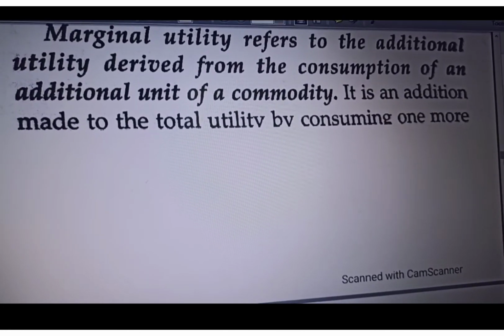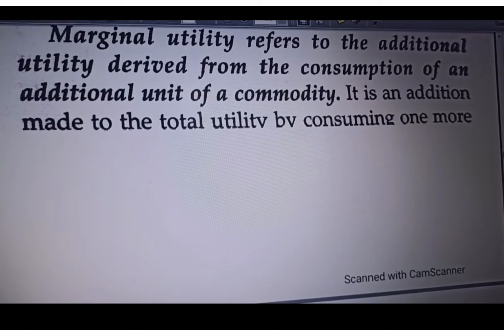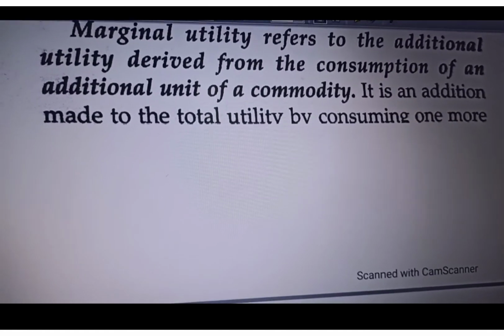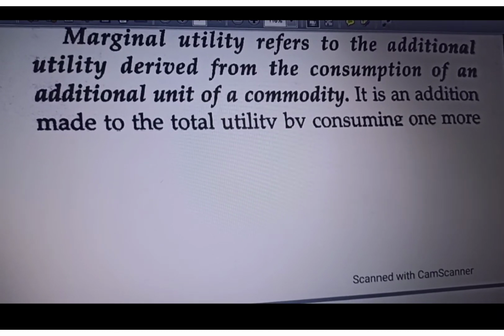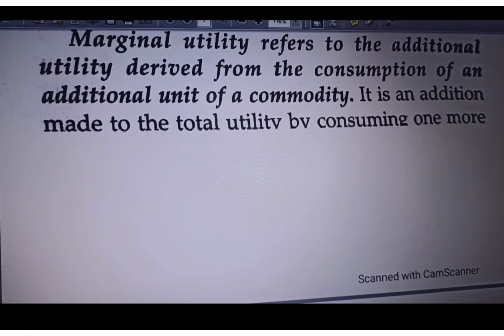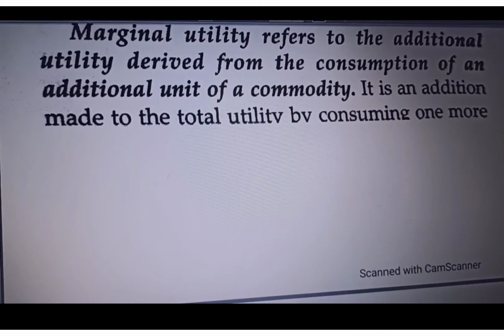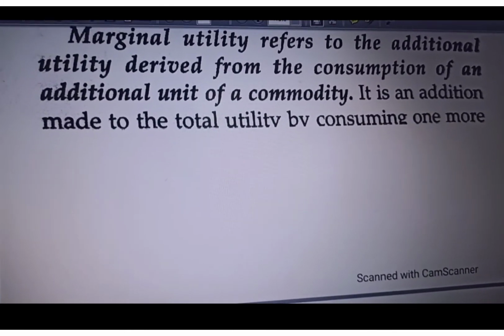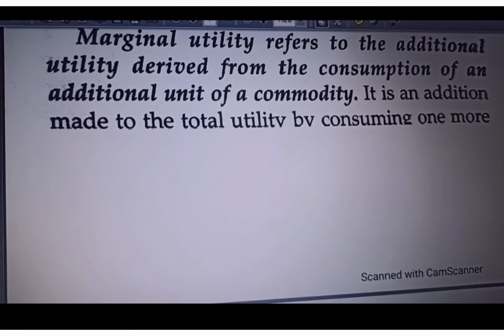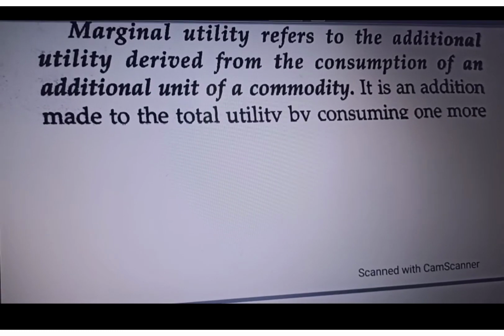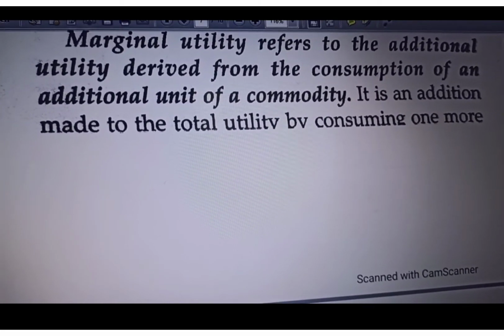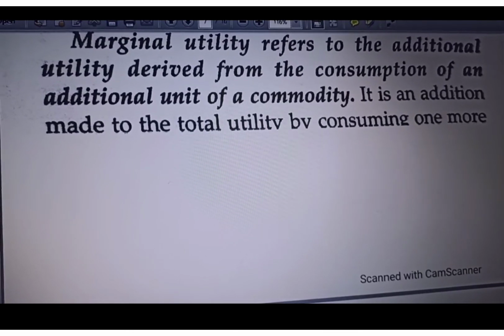Suppose you are very hungry and you are willing to eat something. You are not finding anything else. On the roadway, one samosa seller is there. He is selling the samosa for rupees 20. So suddenly you are willing to spend rupees 20 for one samosa. After eating one samosa, your satisfaction level is a little bit low. Then you are not willing to pay that same 20 rupees. You can pay rupees 15 for one samosa.